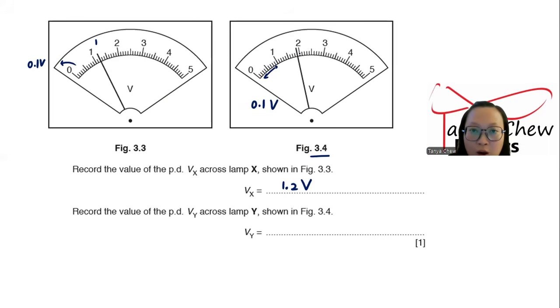So this is 1.5 here, 6, 7, 8, and 9. This is 1.9 volt. Done. So in order for you to get this 1 mark, you have to read the scale correctly. You have to get the correct answer for both Vx and Vy.